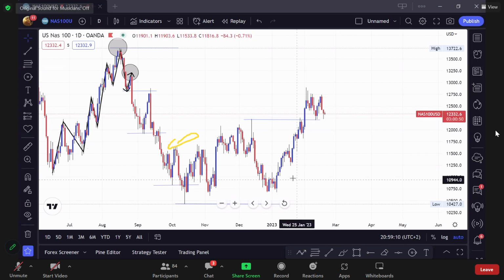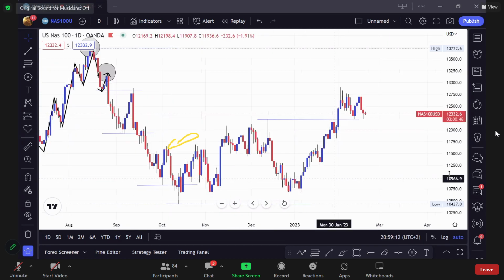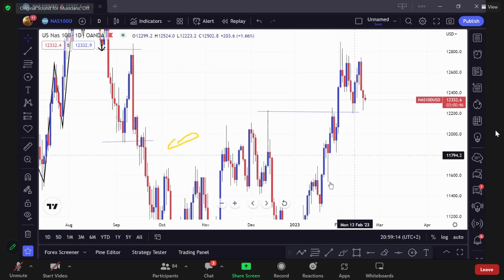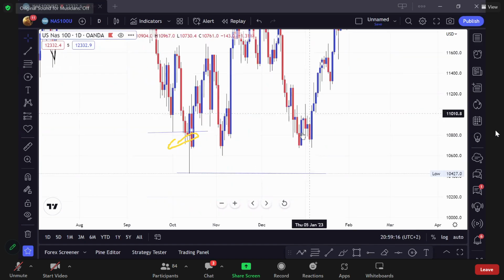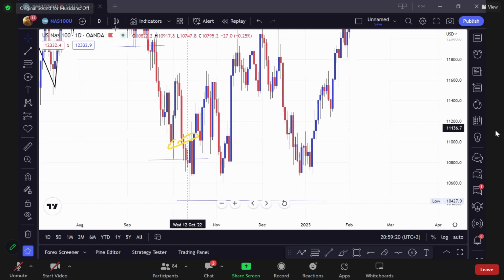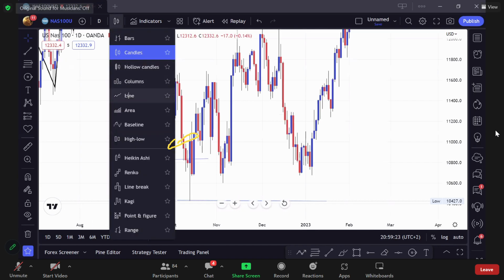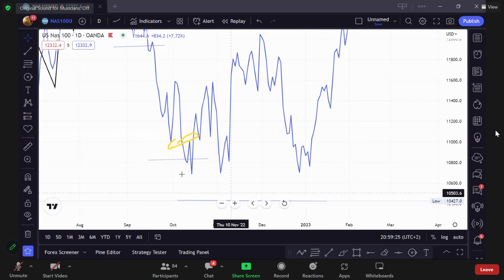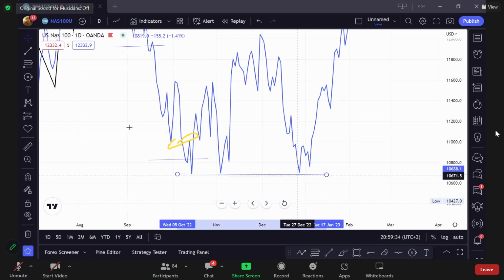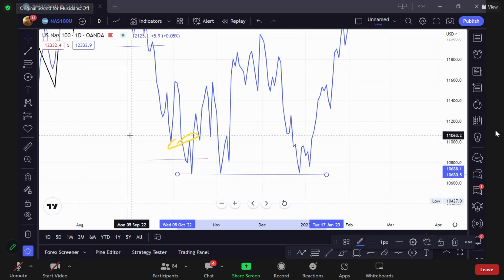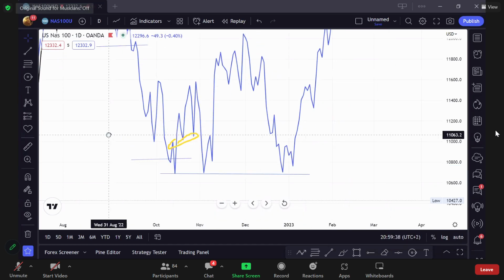Because if we look carefully, there is no change of behavior. You must understand, you must always take this into consideration, and always, if you can't see it, go to a line chart. If we look here, where was our change of character?